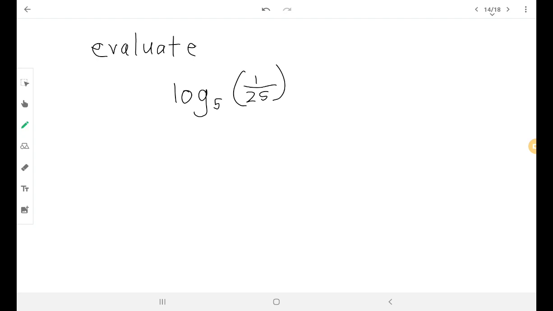All right, let's move on to the next one. Same idea here. We're going to take log base 5 of 1 over 25, set it equal to x, and rewrite it in exponential form. The base is 5, the power is x, and it equals 1 over 25. Well, 25 is 5 squared, right?